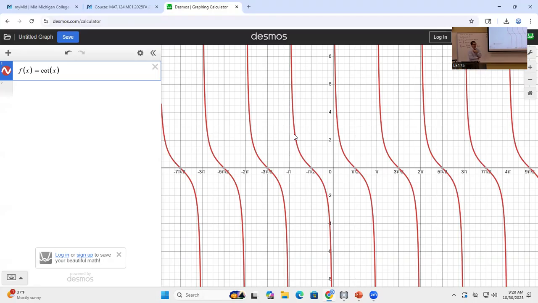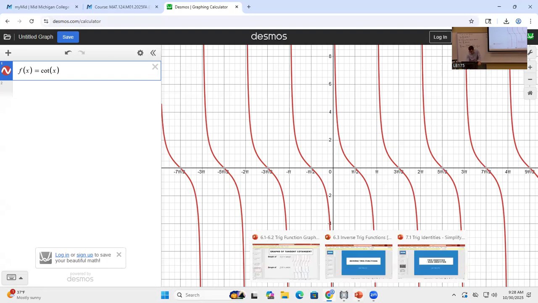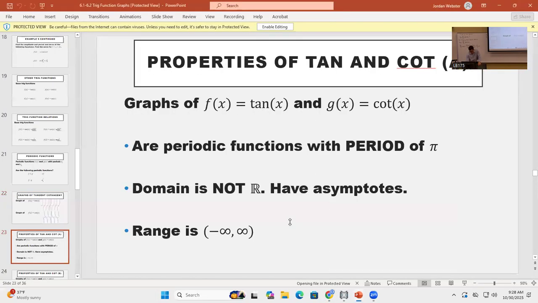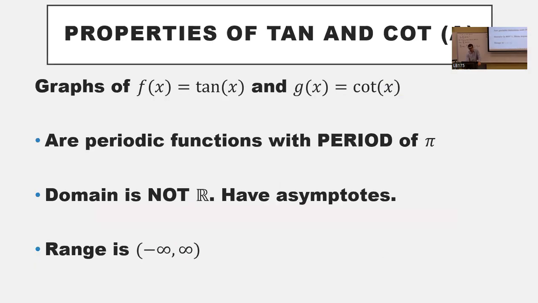So all real numbers other than the asymptotes, other than when the denominator is 0. Okay. Also, I want to point out that the period was pi for each of these.